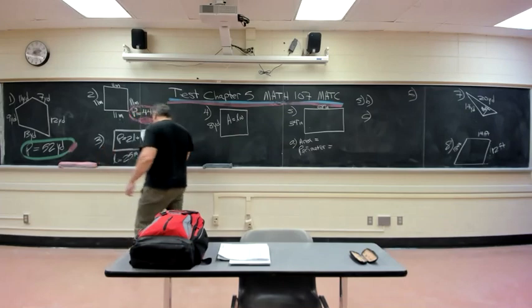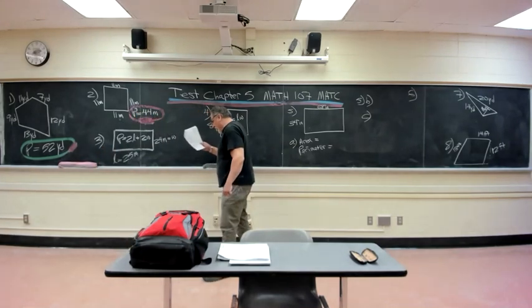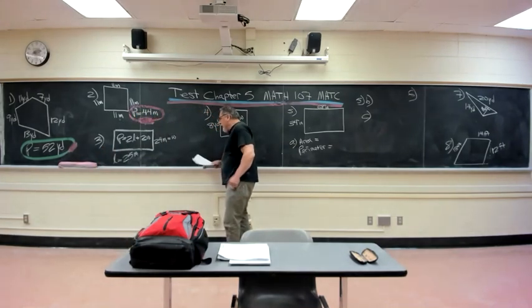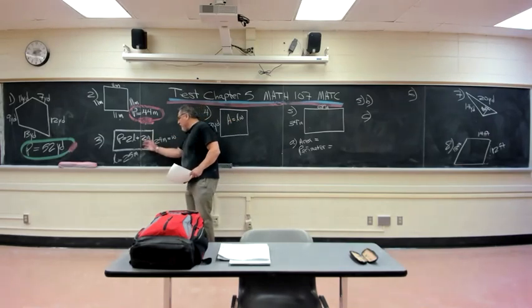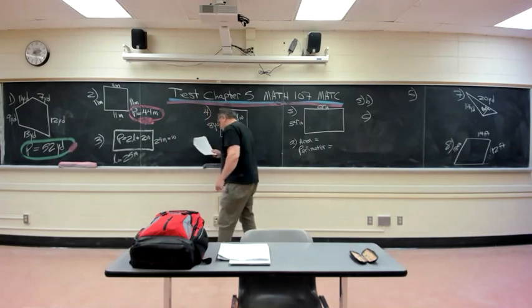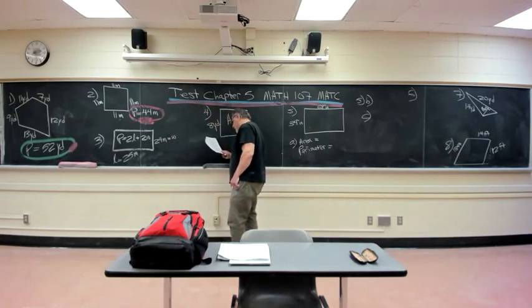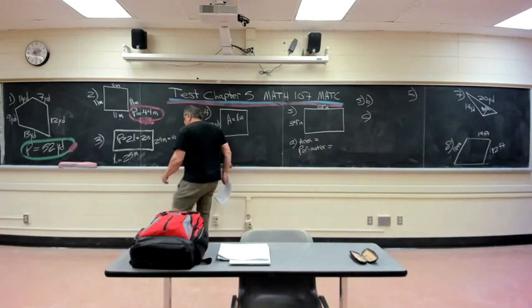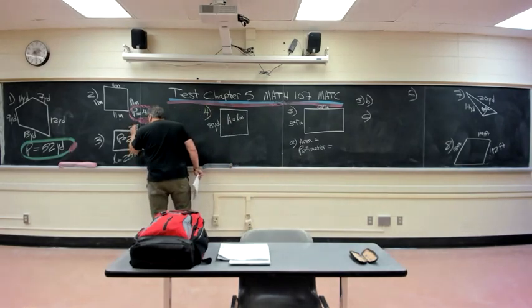For number 3, a dance floor is in the shape of a rectangle. It is 25 meters long and 24 meters wide. This is not really good scale. It almost looks like a square, in real life it should look like, because they're pretty close in length. What is its perimeter? If it's 25 meters here, it's 25 meters here.